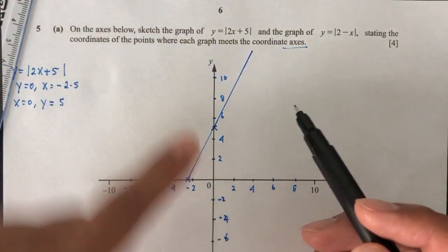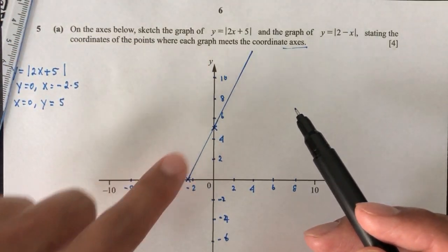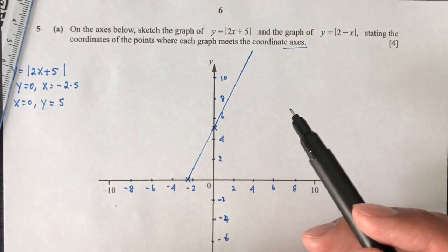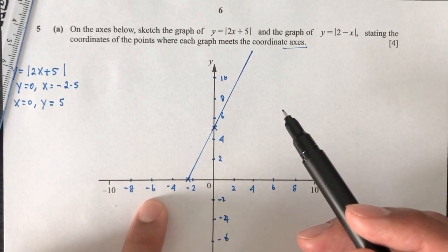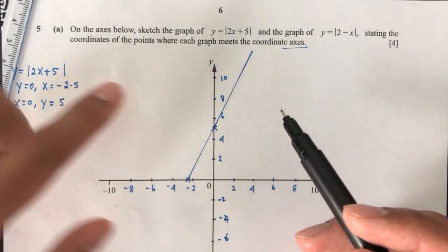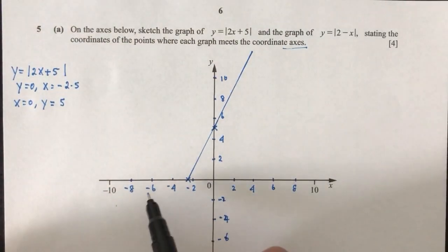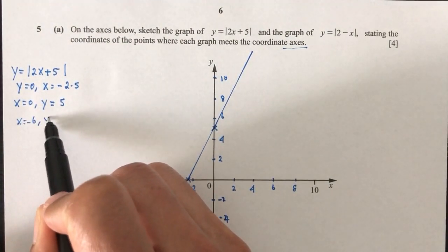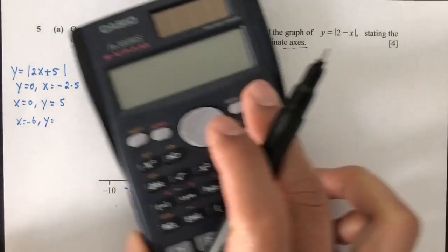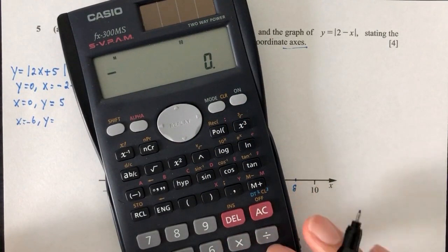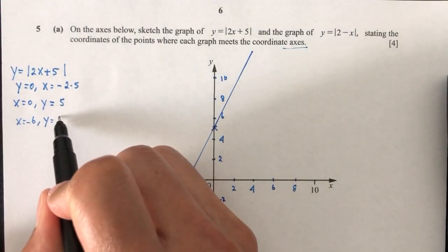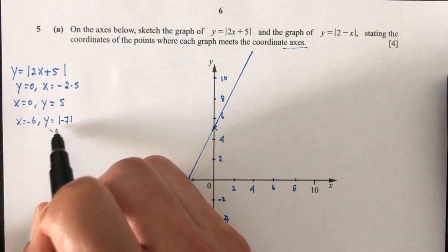As you can see, it goes here. It will also go down, but of course, for modulus, it cannot go down. So let's find a point on this side to find another value. Let's say if x equals minus 6, y will be minus 12 plus 5, which is minus 7 modulus, so that will be 7.